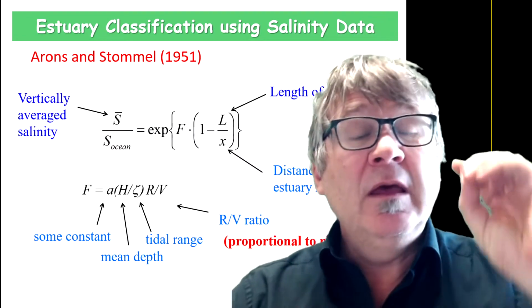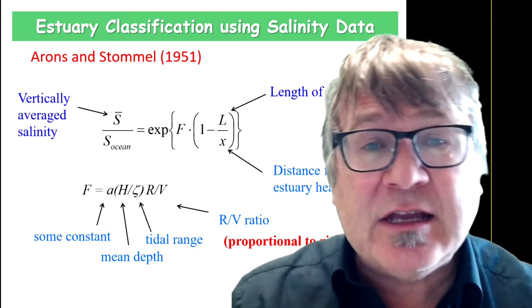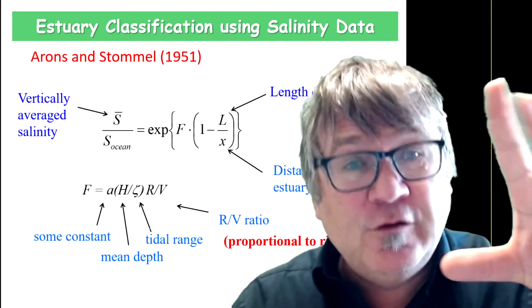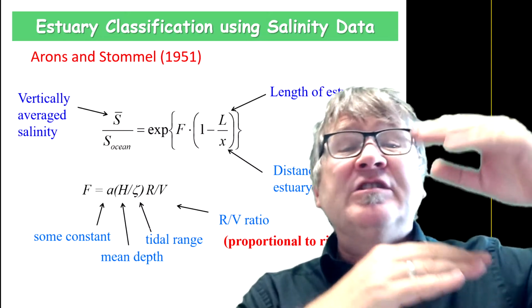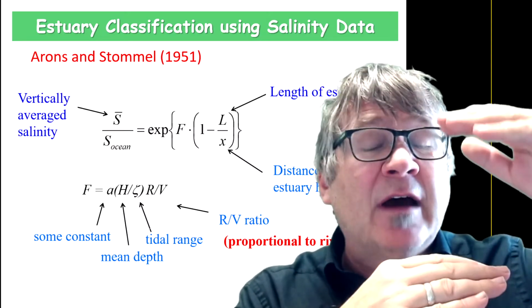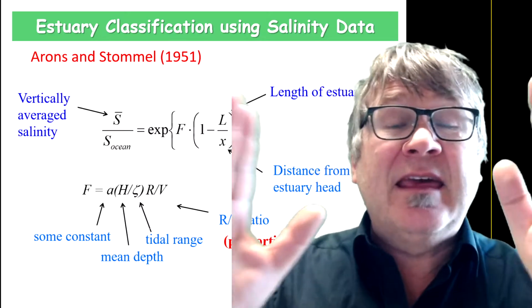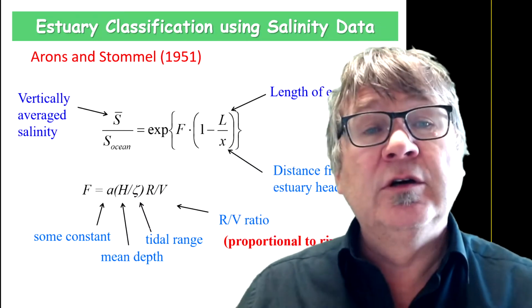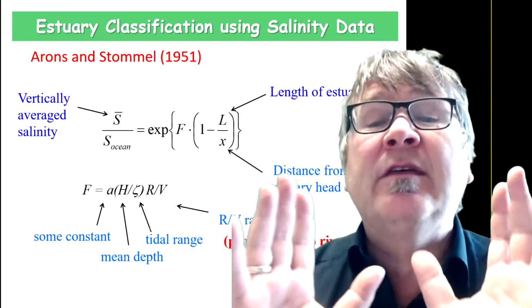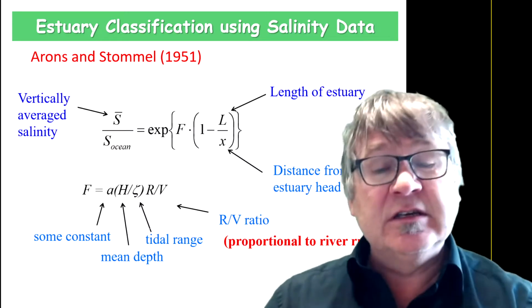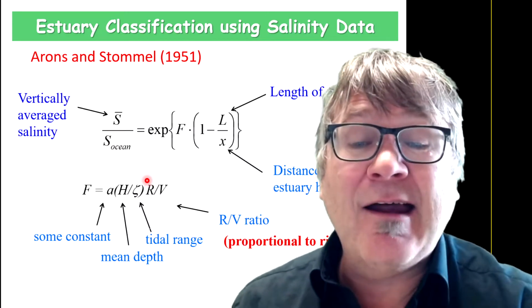V is the tidal volume, the volume change of water introduced during a tidal cycle. And V again is also a constant for a given estuary. So the only thing that really changes is R.